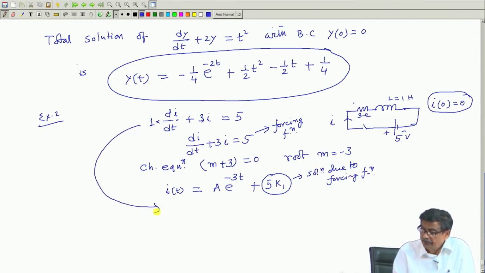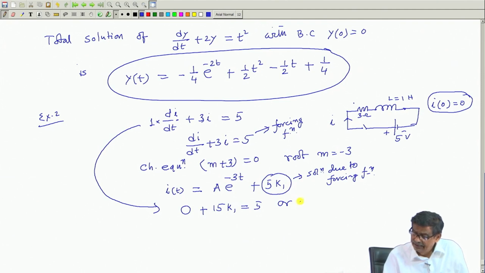So, I will first find out this k1 by putting 5k1, which is constant, that will be 0 plus 15k1, and that is equal to 5. Obviously, no complications here, it is an identity. So, k1 is equal to 1 by 3, 5 by 15, k1 is over.